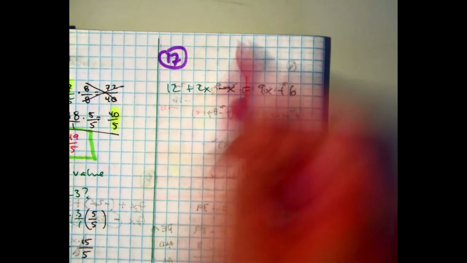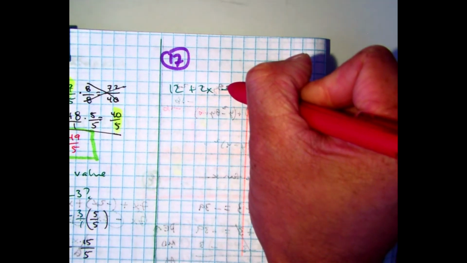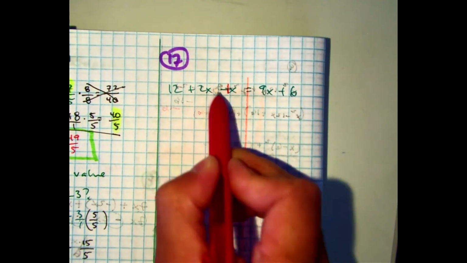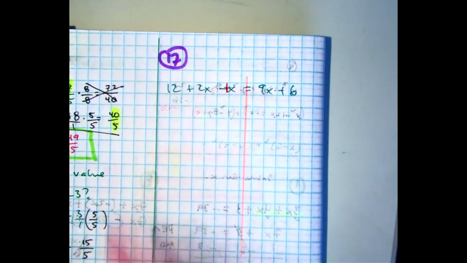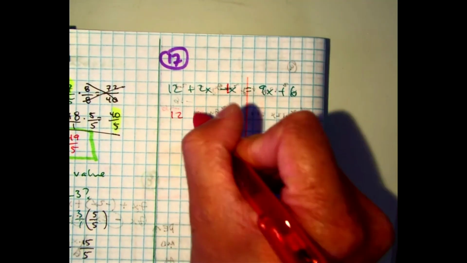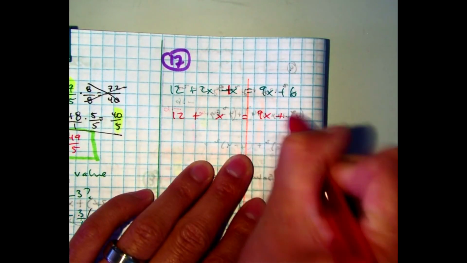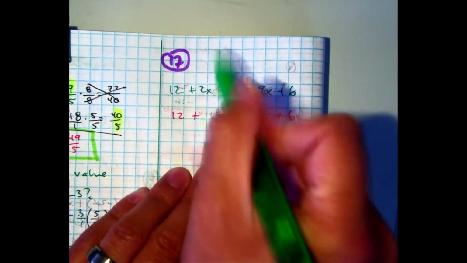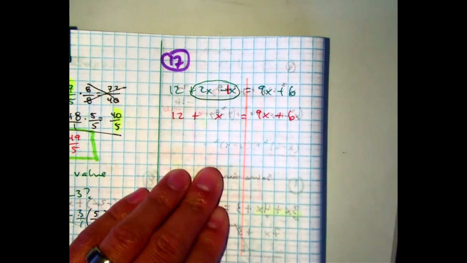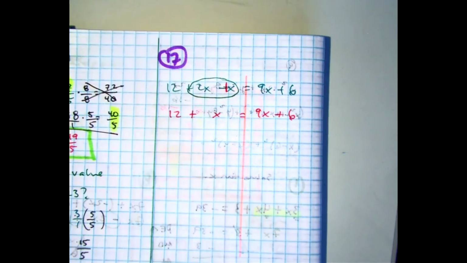Remember, this is a what number? So think about it as 2 minus 1. Yeah, that's just plus x equals 9x plus 6. Here, you're just combining like terms. All right.